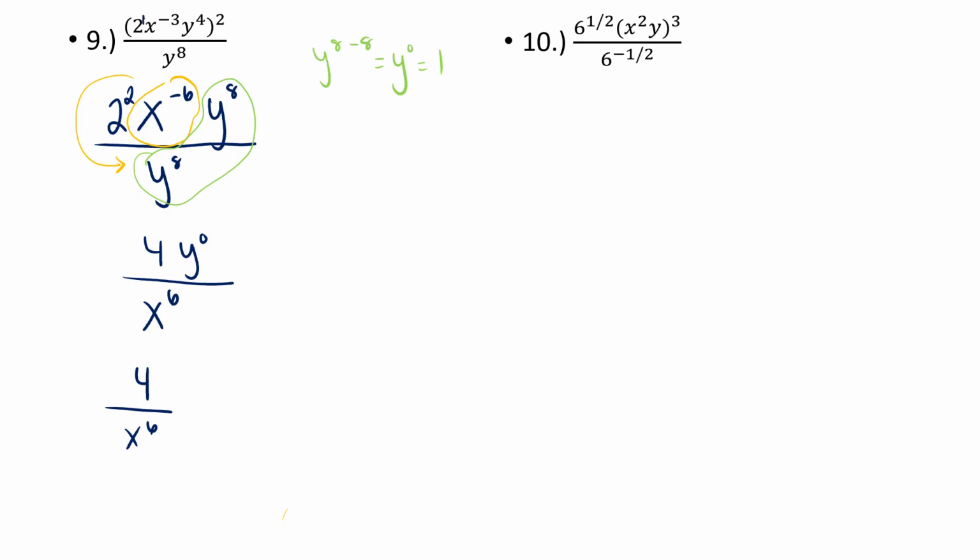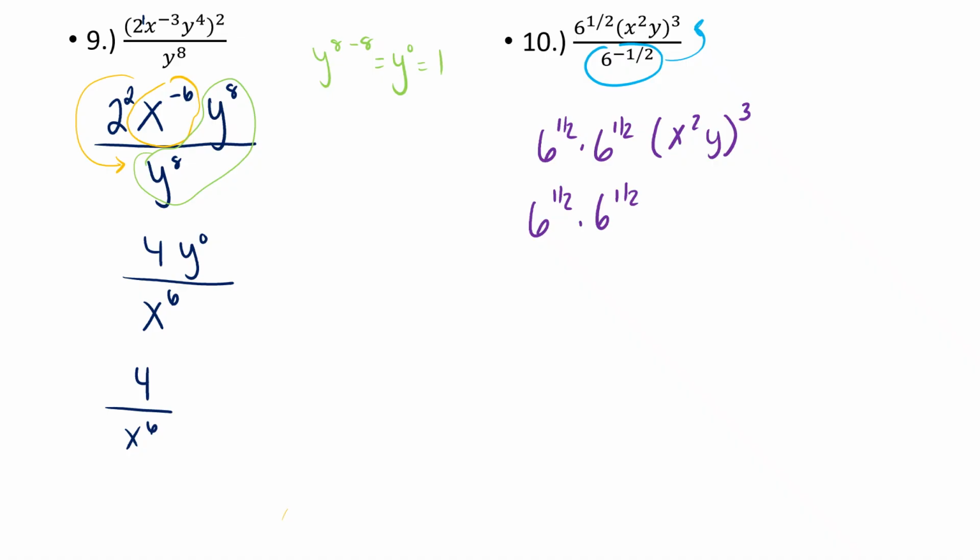So I see that, and let's go ahead and rehome that in the numerator. So we will have 6 to the 1/2, and I'm going to rehome it right next to the other 6 to the 1/2 instead of putting it down at the end there. And then we have this, and you are more than welcome to deal with this at the same time. So like I said, when I am demonstrating these problems, I do go a bit overboard. 2 times 3 gives me the 6, and of course that's 1 times 3, which is to the third.